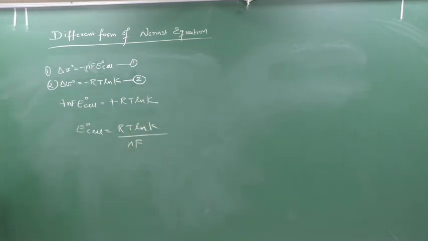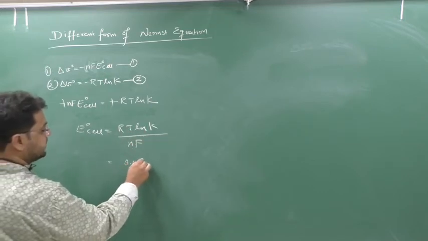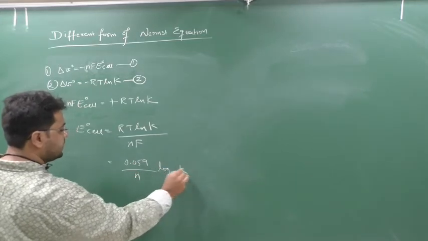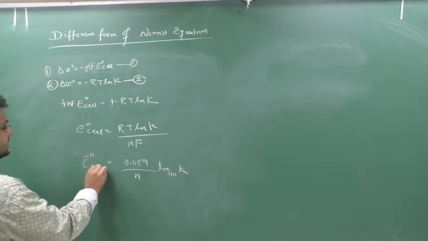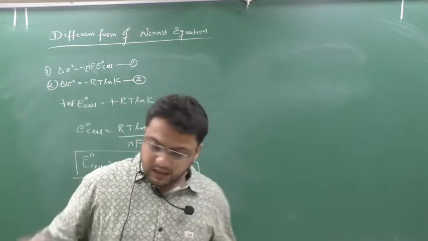When you put the values of R, T, ln and F, you get 0.059 upon n log to the base 10 K. So this is again the relation between E naught cell and the equilibrium constant K, or I can write Kc. Write this down.